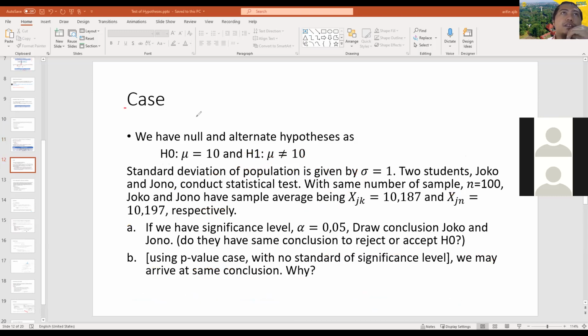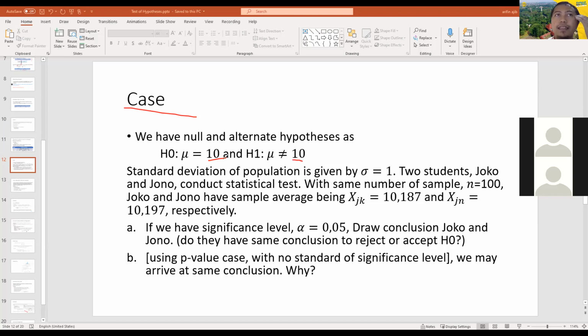For example, in this case, the null hypothesis is that the mean is equal to 10, and the alternate hypothesis is that the mean is not 10.